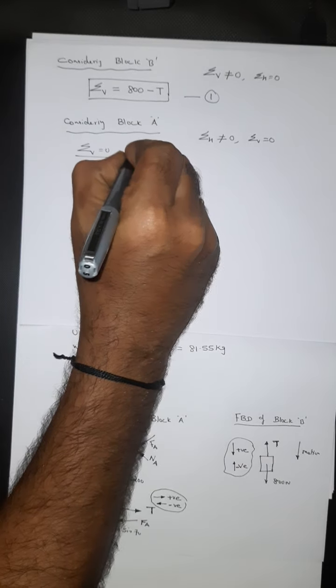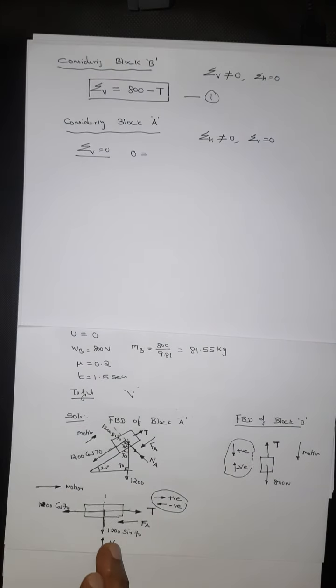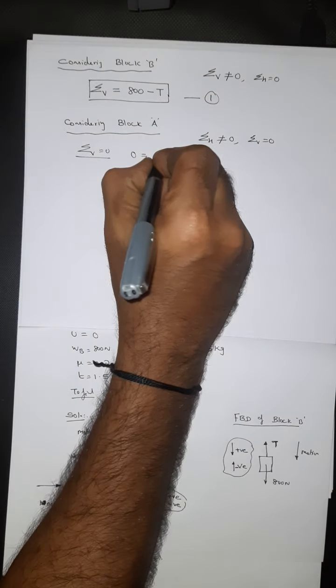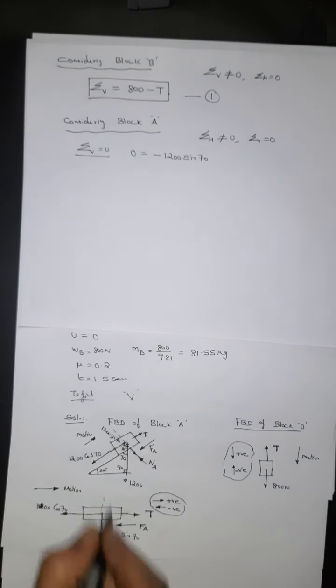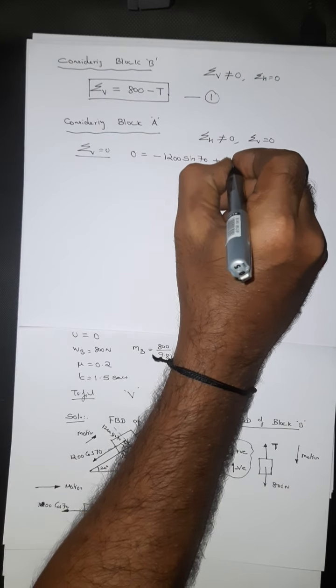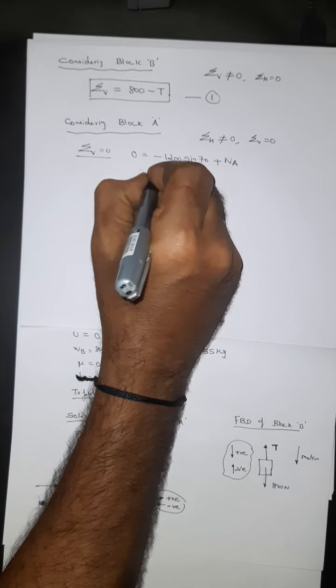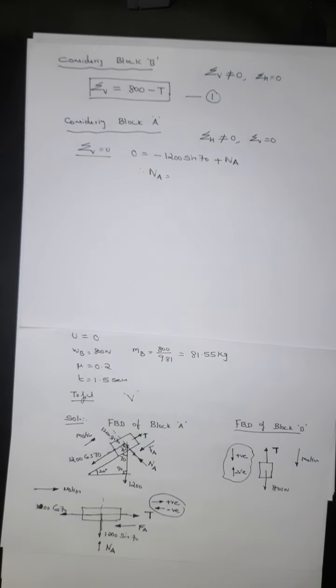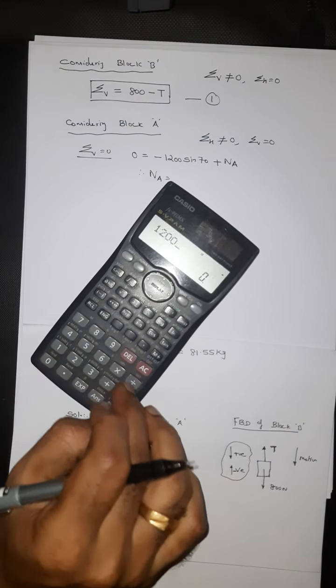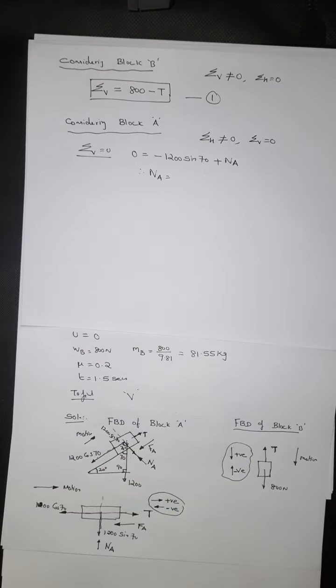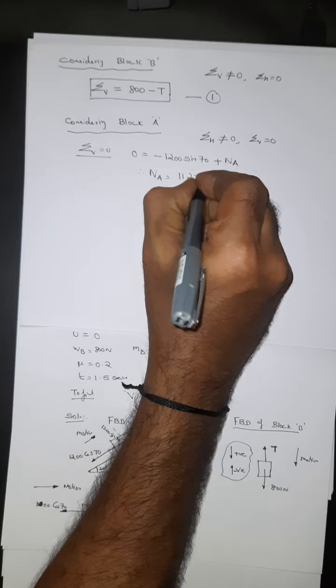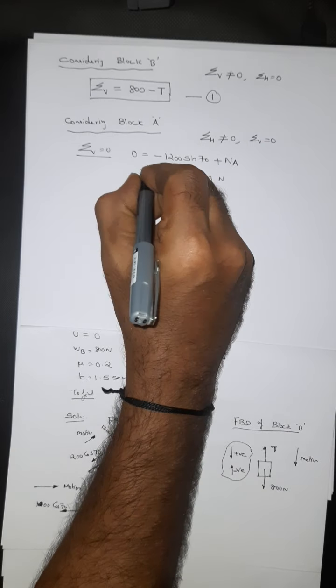Summation V is equal to 0, so 0 equals, vertically 1200 is negative, so 1200 sine 70, NA is in the positive direction. Therefore NA equals 1200 into sine 70, which works out to 1127.63 Newton.